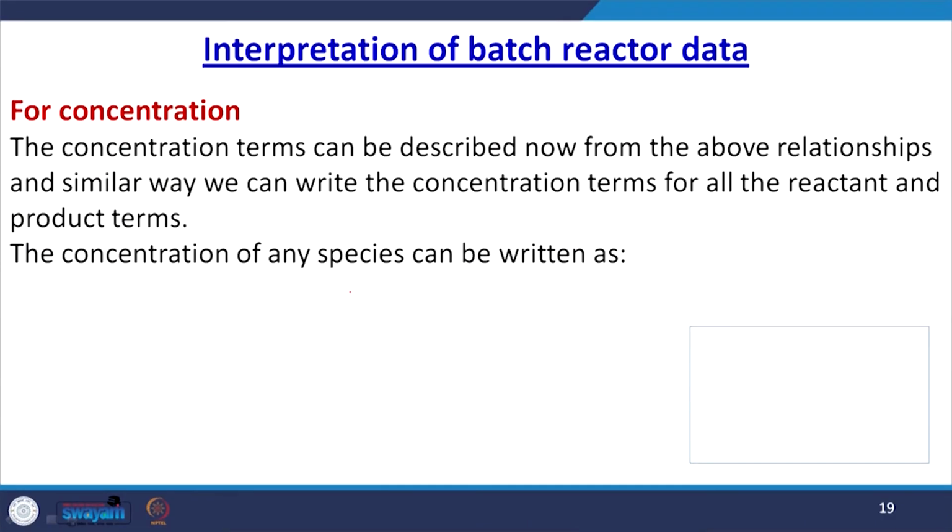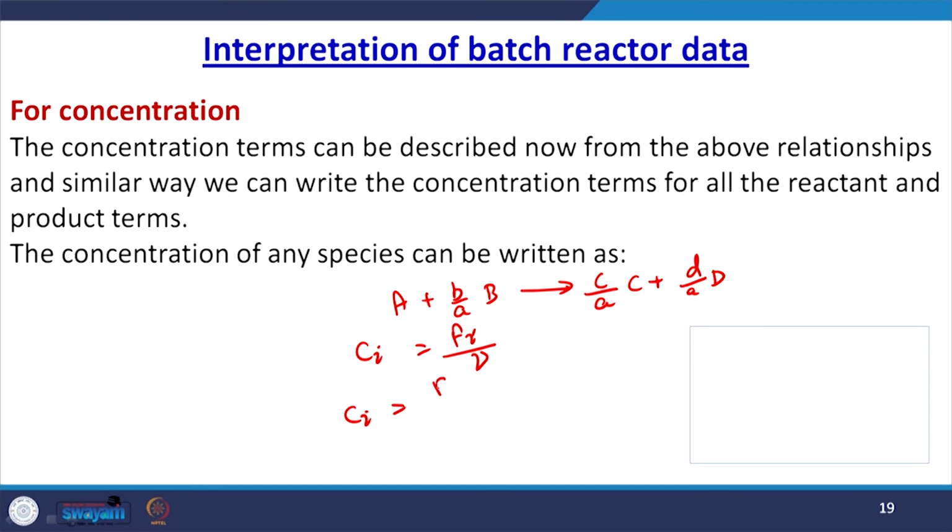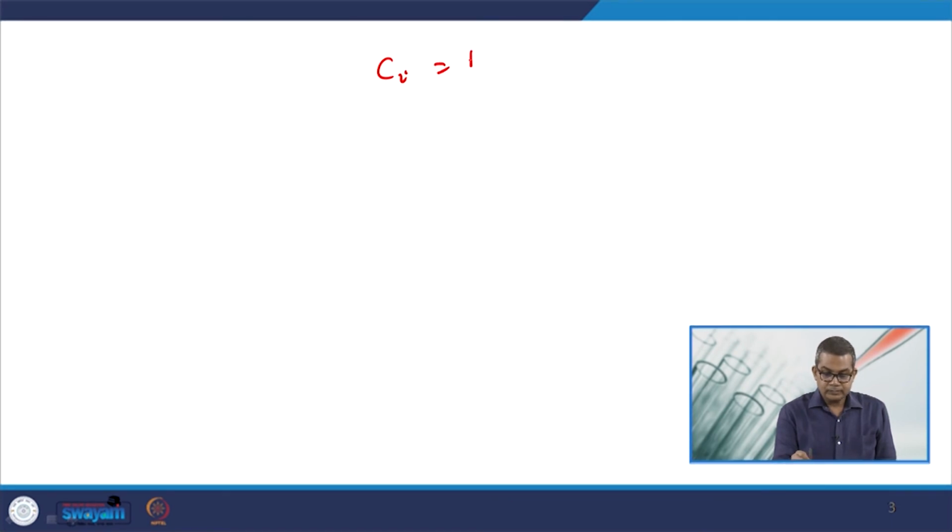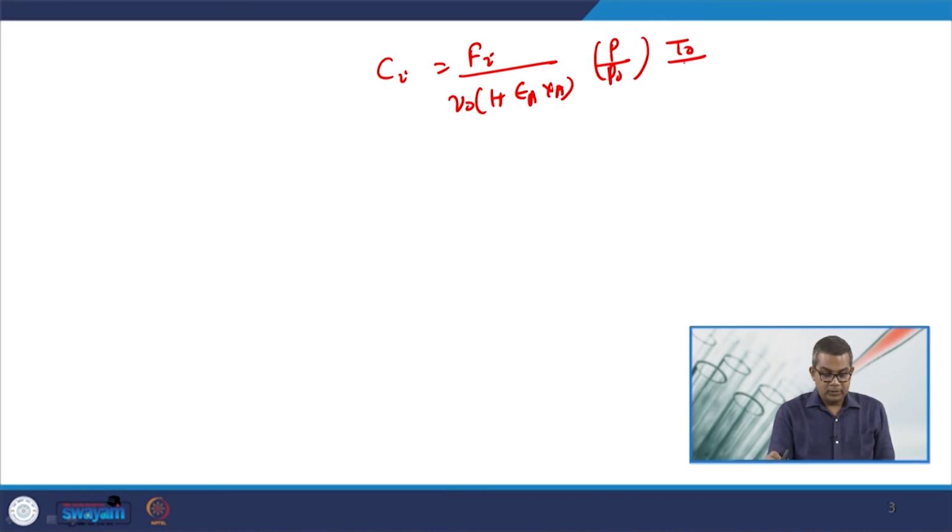If we would like to have the concentration of any species for the equation A plus b upon a B gives c upon a C plus d upon a D, here is my master equation, sometimes referred to as Ci equals Fi upon v0 times 1 plus epsilon A XA times P0 upon P times T upon T0.